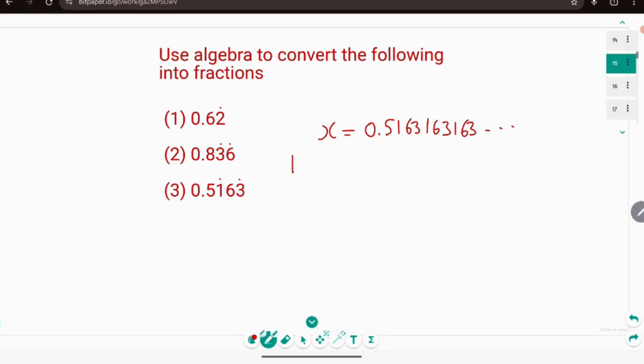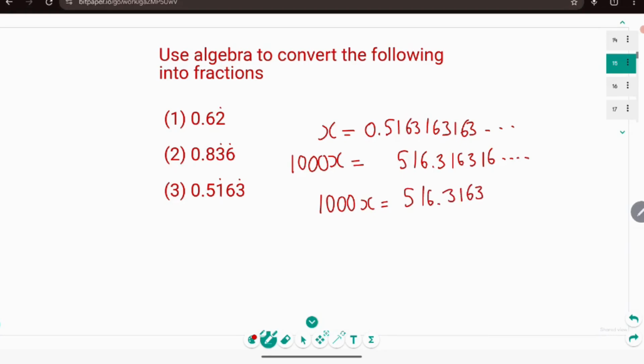Times by 1,000. 1000x is at the top. x is at the bottom.